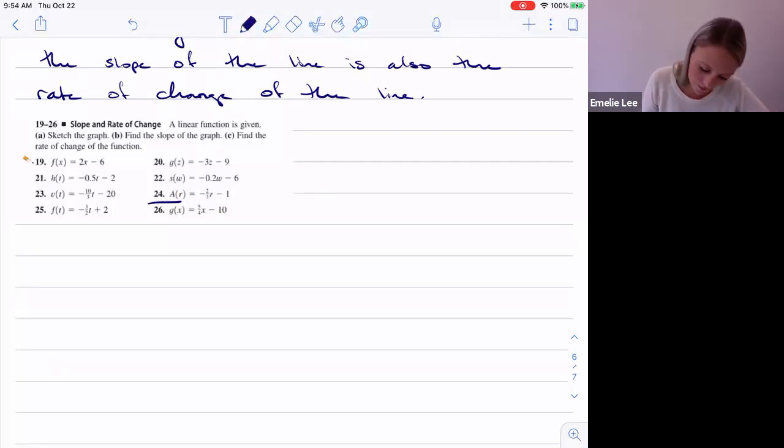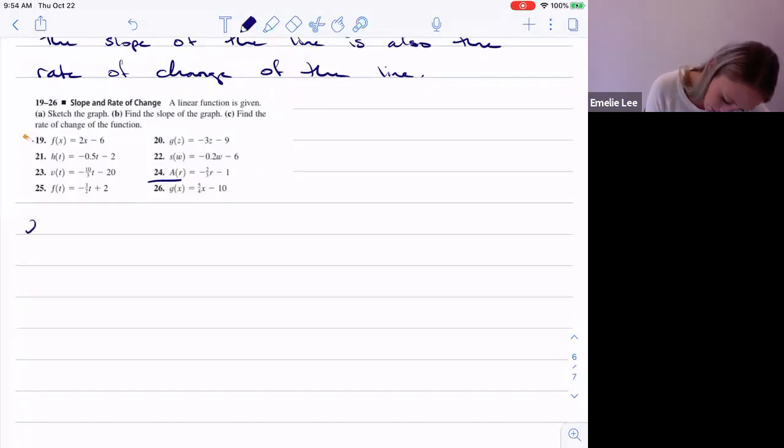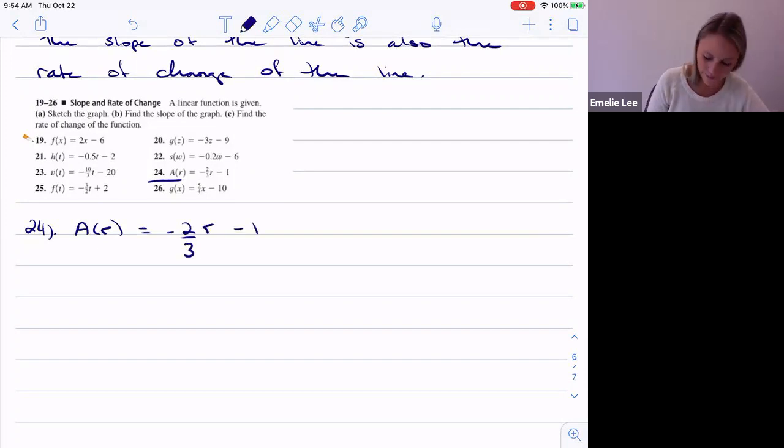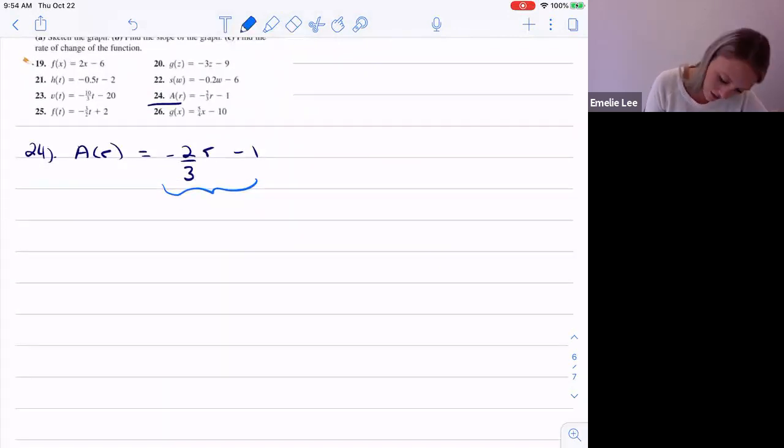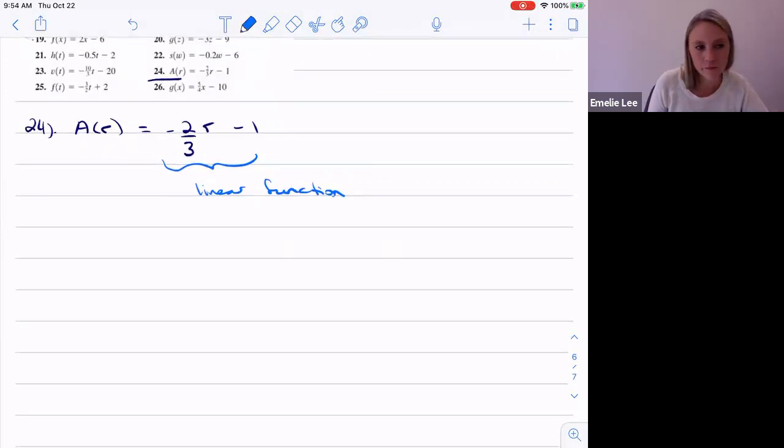And so here, for 24, we're given that A of R is -2/3R minus 1. Okay. Let's just make a note here. This is a linear function of the form y equals mx plus b. Right.